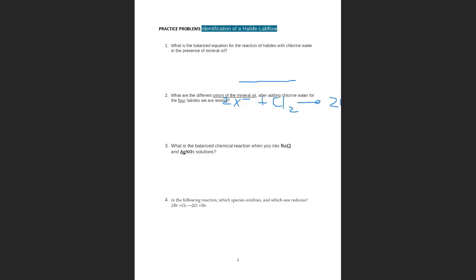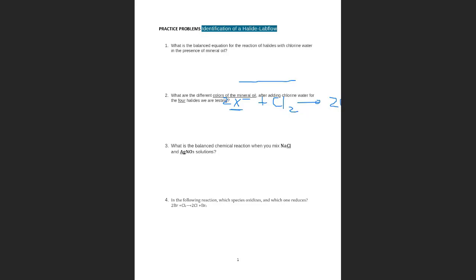That's all it is. And who can tell me, the reaction is going to happen only if the halide is what? When are we going to see a change in color? When it's lower than chlorine on the periodic table, so it's going to be bromide and iodide. Correct.